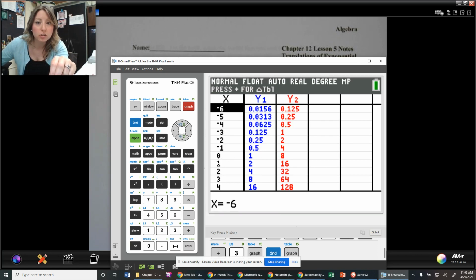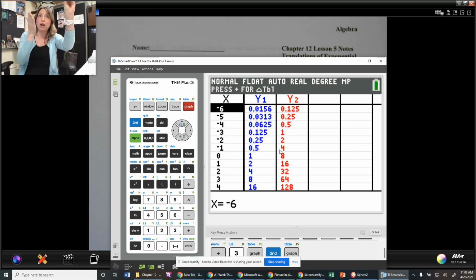Where did I see a y value of 8 on my original graph? It was at an x value of 3. Now I see a y value of 8 at an x value of 0. That means that this graph moved left 3.